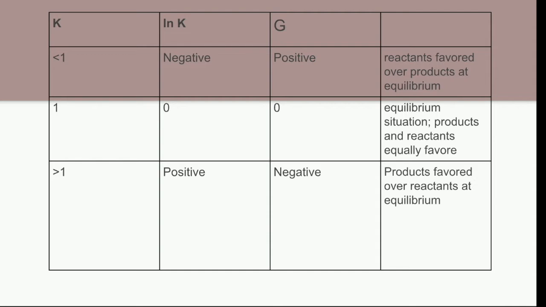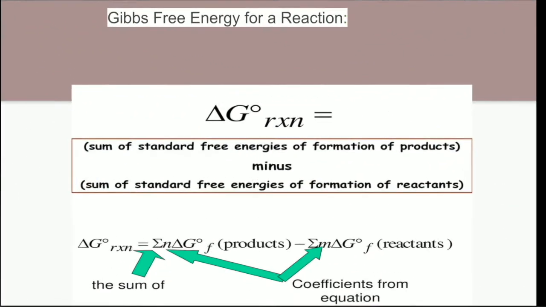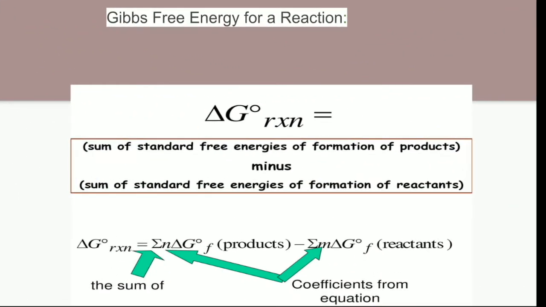Here's a table that shows the relationship between K and G. If K is less than 1, ΔG is positive and the reactants are favored over products at equilibrium. And then if we have K that is greater than 1, ΔG is negative and the products are favored over reactants at equilibrium. So how do we find the ΔG for a reaction?